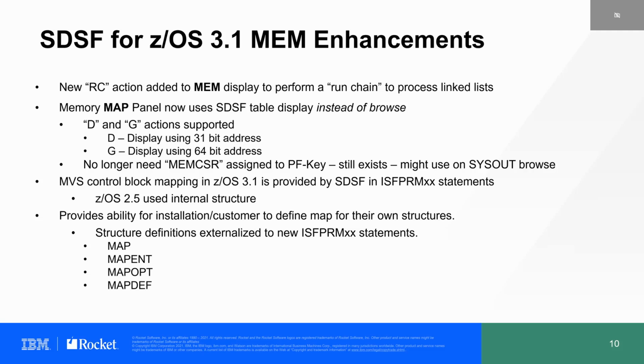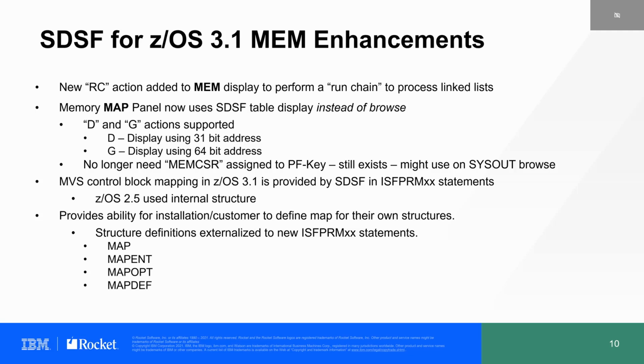With 2.5, we did have the ability to show SDSF memory in a structure format, but we sort of ran out of runway near the release date, and we had to put it into an SDSF browse section.